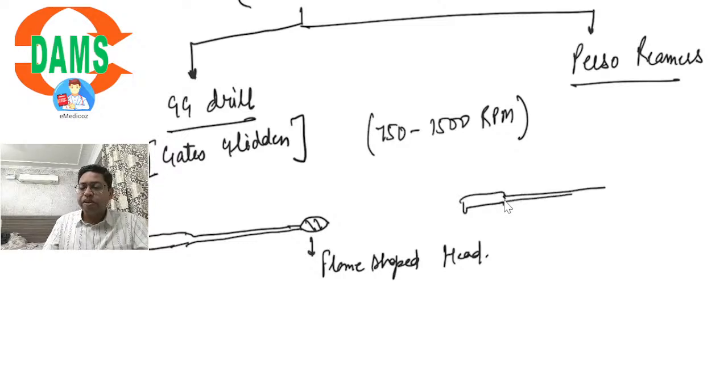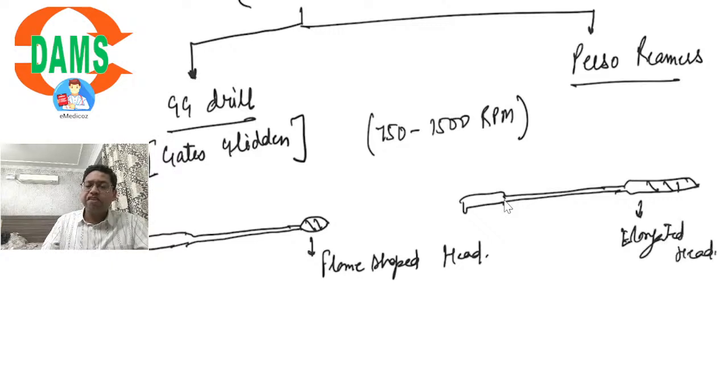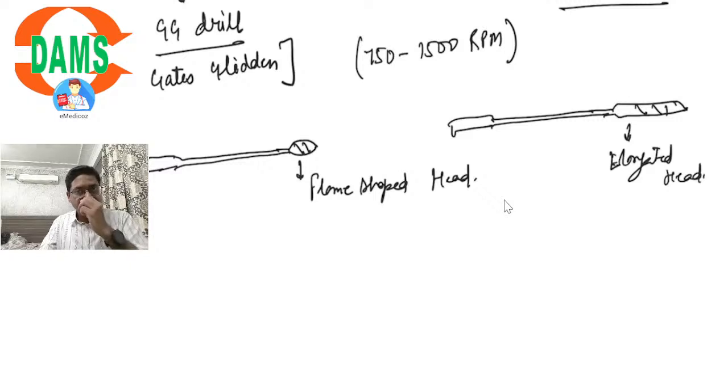The basic geometry remains the same, a long and thin shaft, and they have an elongated head like this. So you can clearly see the difference in the geometry of the two engine-driven instruments. The flame-shaped head instruments are called GG drills, and the elongated head instruments are called peeso reamers.